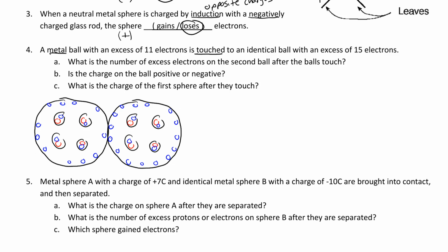So what you have to do is figure out what the total number of electrons is. So you do 11 plus 15. That's a total of 26 electrons for both. Now we want to evenly distribute them. There are 2 spheres, so divide that by 2, and now there's going to be 13 electrons on each sphere.